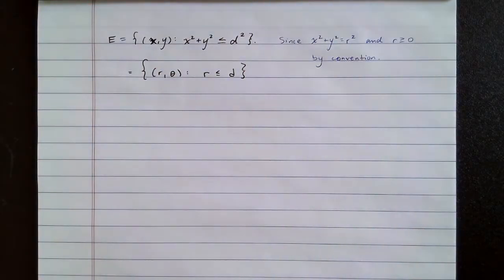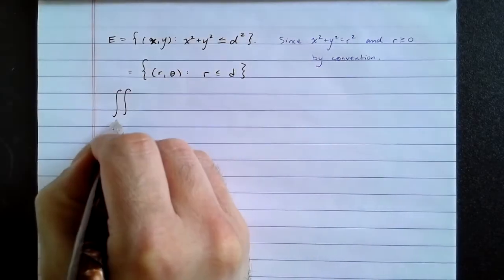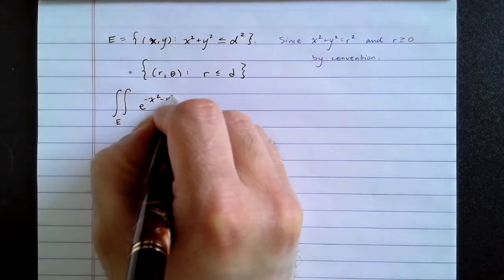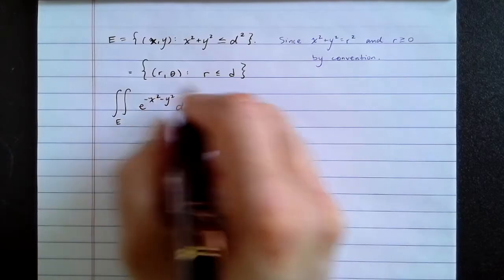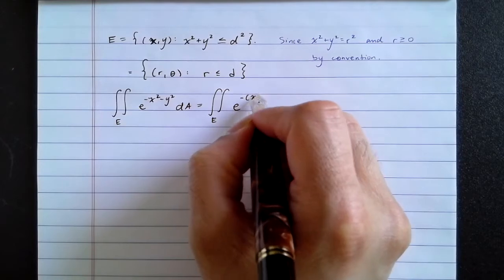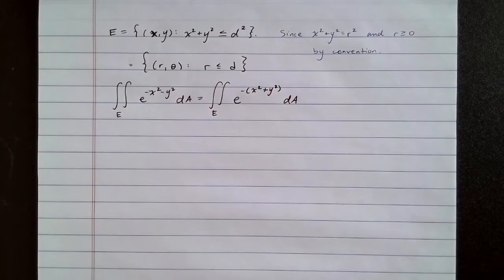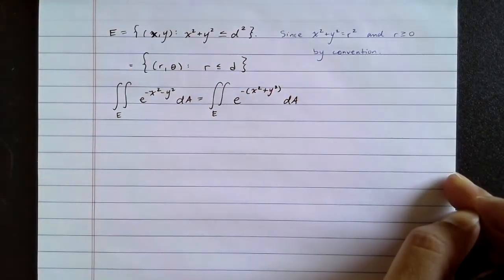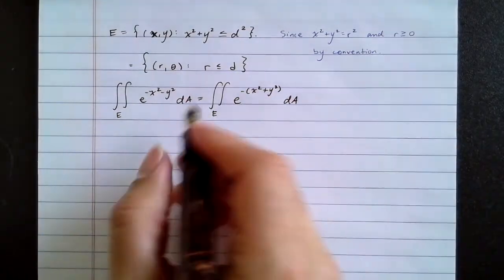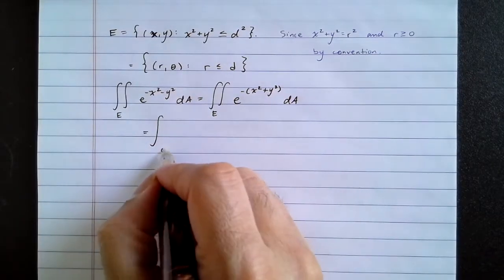And so we can compute this integral. So I'm going to rewrite this once, so I can factor out that negative. And what I see now is that when I write this in polar form, if I investigate the disk, then my thetas go from 0 to 2 pi.